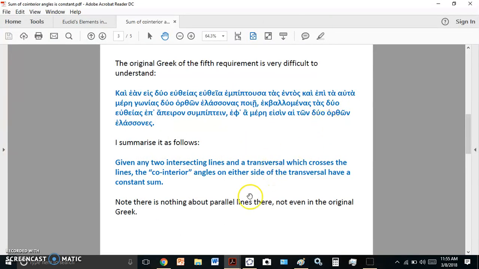And there is nothing about parallel lines in this fifth requirement, not even in the original Greek. I mean, not a single word here says anything about parallel, right? And I think that all the morons before me misinterpreted or didn't understand it. For otherwise, why would they call them axioms when I have shown you that I've derived every single one of them systematically from nothing?